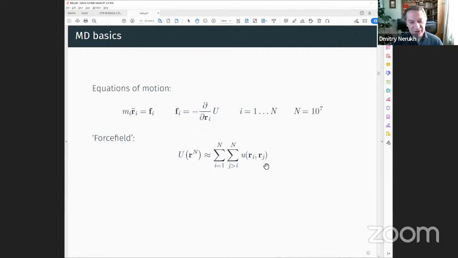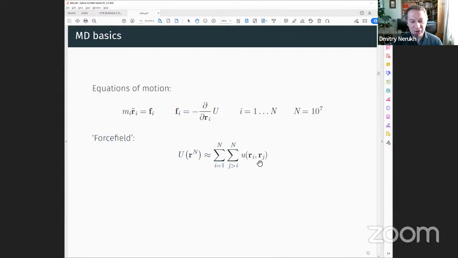The essence of the model is encoded in the so-called force field, which is a potential energy of interaction between atoms. There are a number of assumptions and simplifications, and one of the main fundamental assumptions is that the potential energy of the whole system is assumed to be equal to the sum of pairwise interactions.